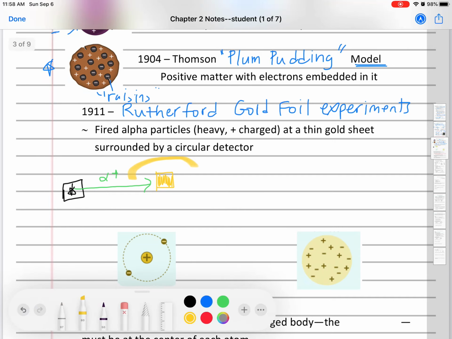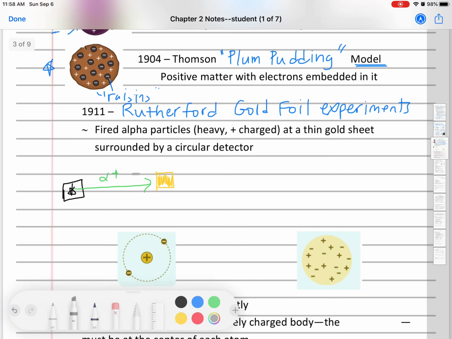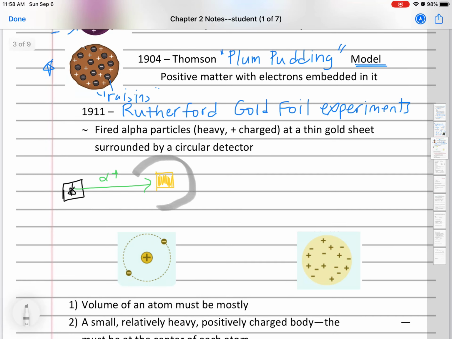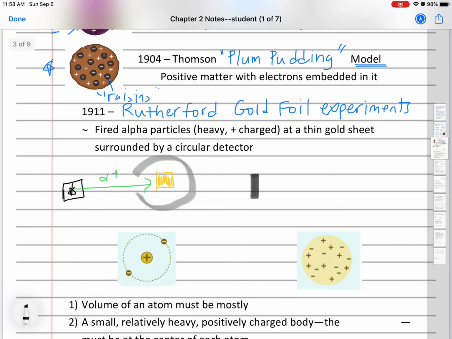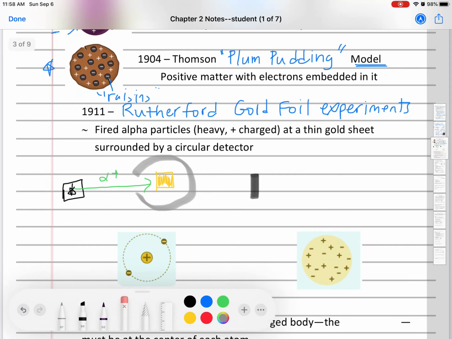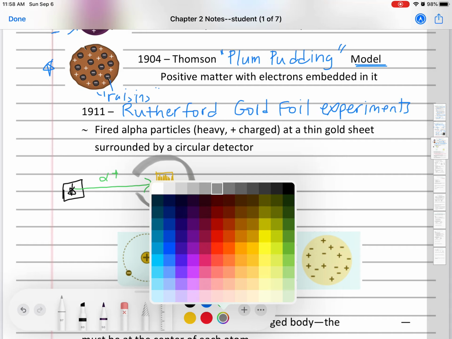I want my detector to be gray. That's just like a film that will detect when the alpha particles hit it. I'm going to draw two of these. You can draw yourself two of these as well.